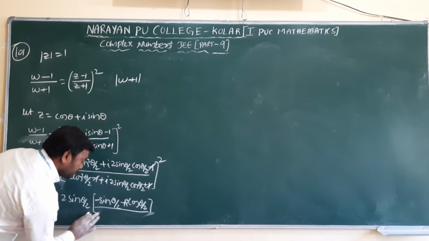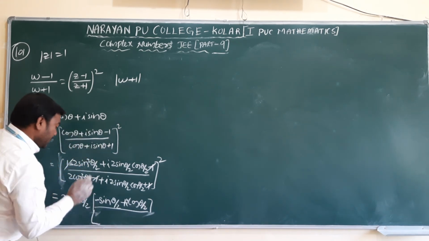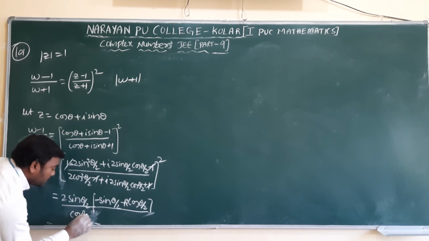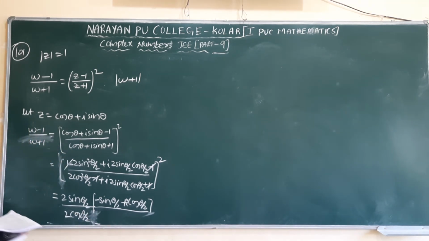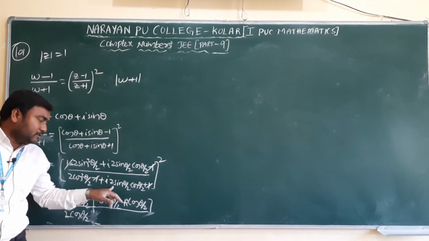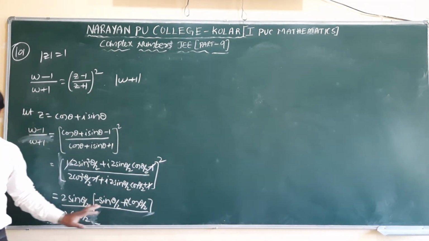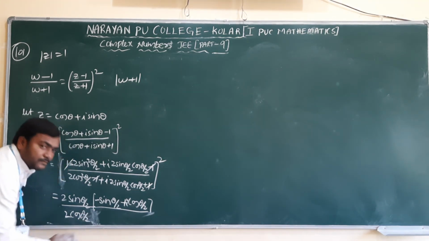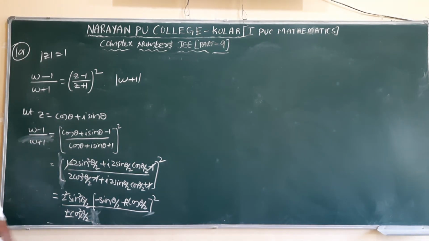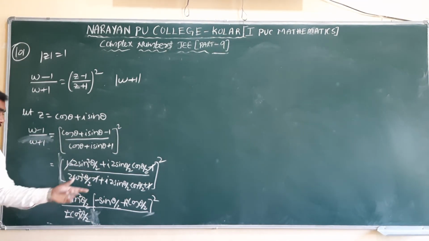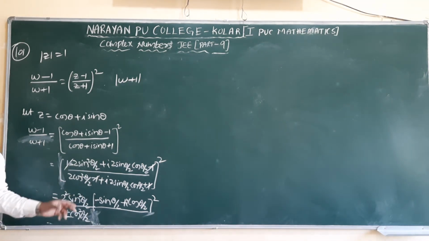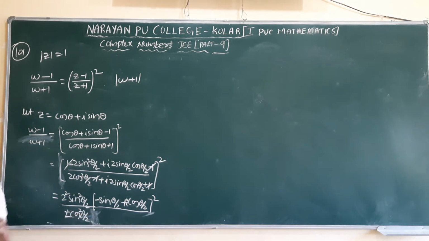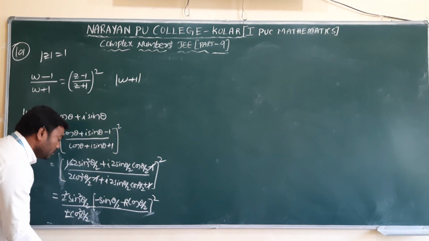Divided by, in the denominator we take common 2 cos theta by 2, remaining cos theta by 2 plus i sin theta by 2. The square is there, so in the numerator we have 2 square sin square theta by 2, and in the denominator 2 square cos square theta by 2.